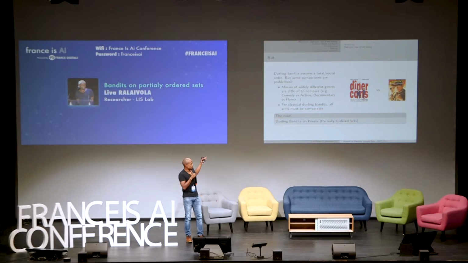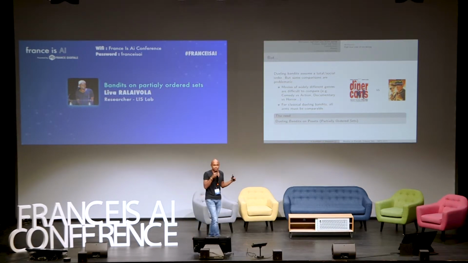What we are interested in is the problem of doing dueling bandits on what is called partially ordered sets. Partially ordered sets are almost a set that you're very familiar with, except that there are pairs of items that you cannot compare. You can say that this one is larger than that one, or that other one is smaller than the other one.